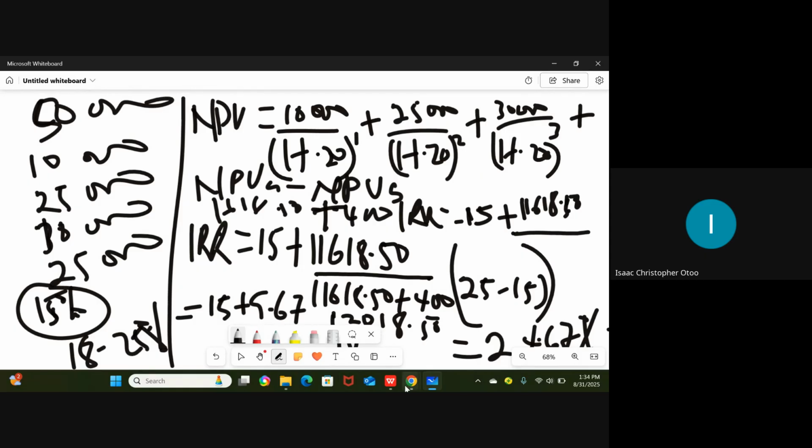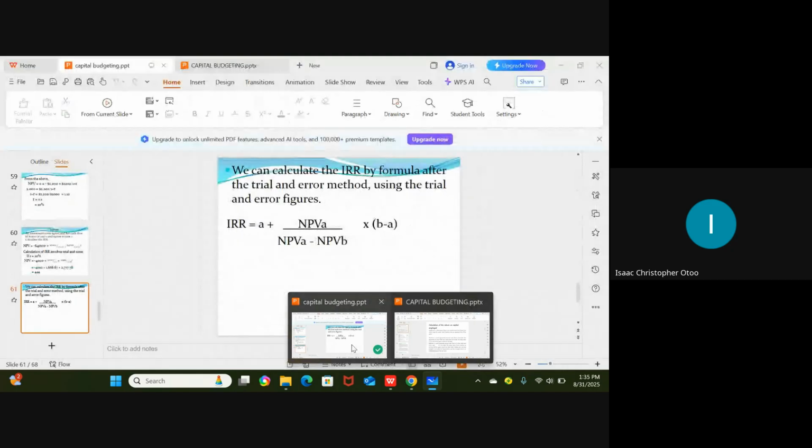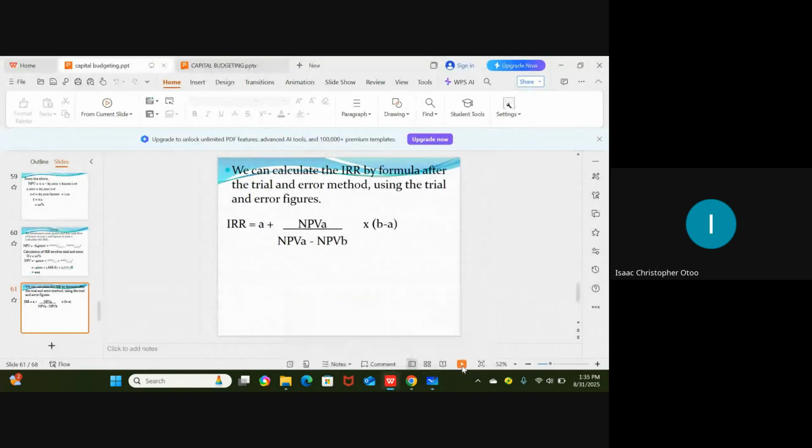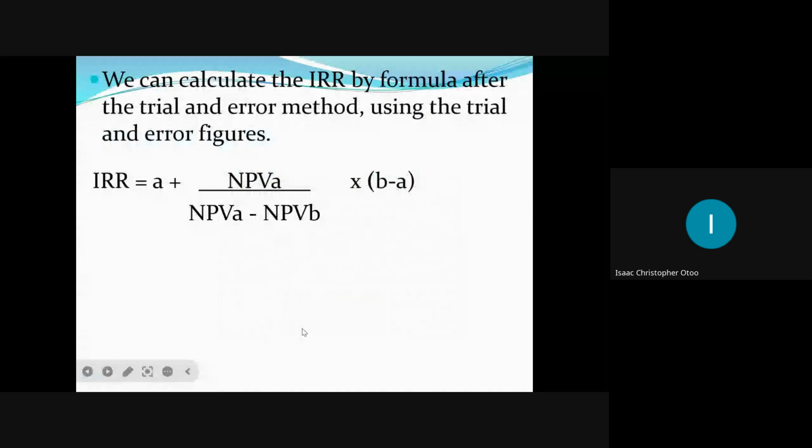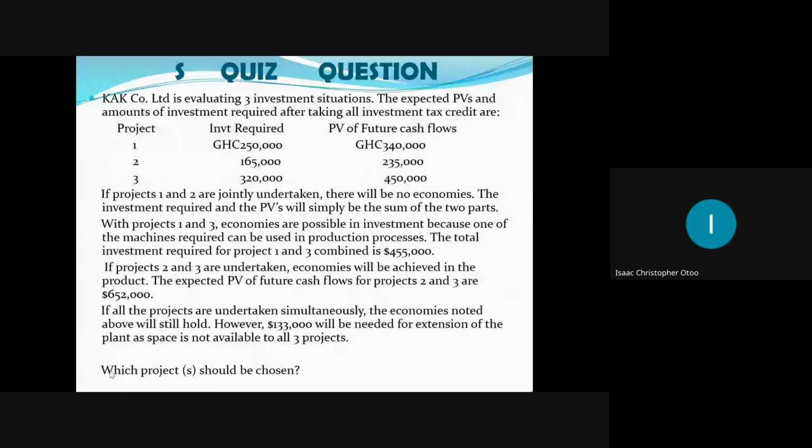Okay, so let's see what they say here. Look at the question here. There are investment situations. The expected PVs and amount of investment required after taking all investment tax credit are project 1, project 2, project 3. So project 1, the cost was 250,000.